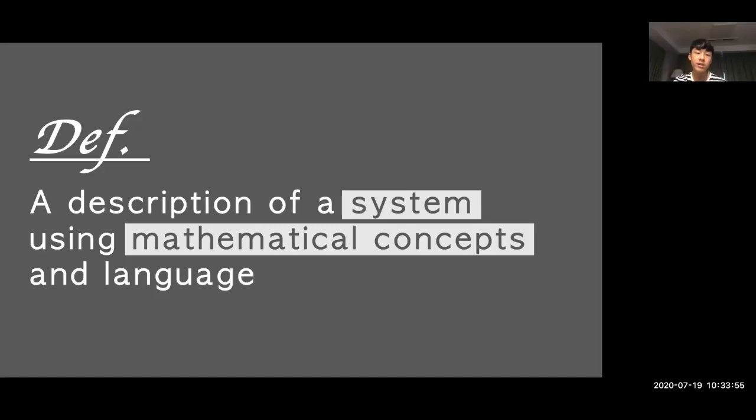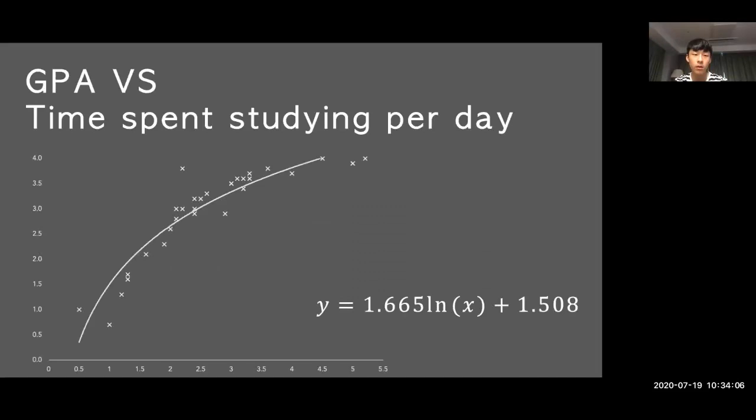And the other key term in here is mathematical concepts and language. As you have seen in the previous 2 examples, in here, this is a mathematical depiction of a system of GPA versus time spent studying per day. You used logarithms in order to represent the 20 data points. So this is how mathematical concepts are used to depict this real life situation.